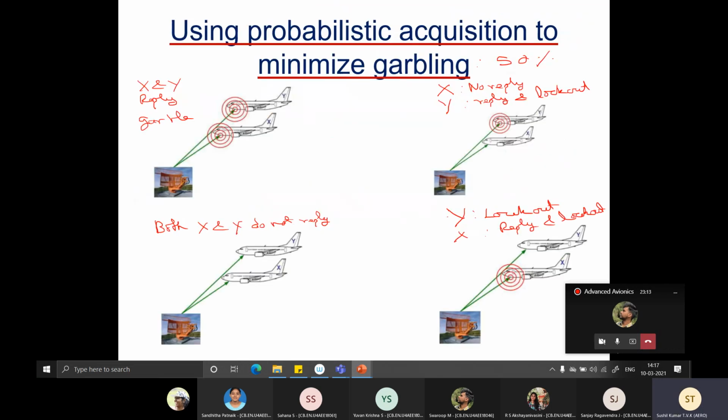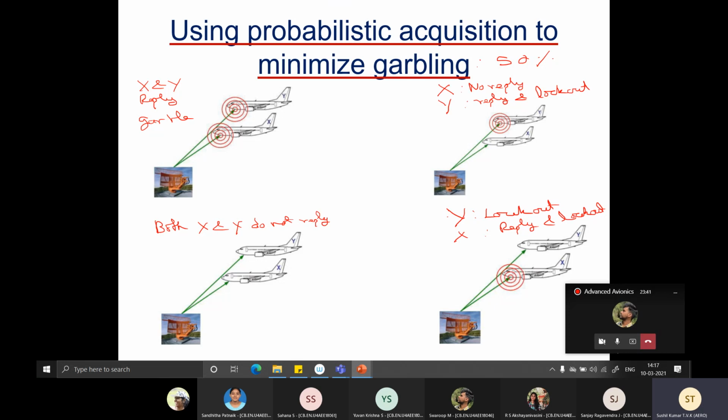Next comes the garbling issue. We talked about garbling: one radar interrogating two aircraft in the vicinity, both are replying, and how do we overcome that? That was the problem with garbling. Here they use a technique called probabilistic acquisition.